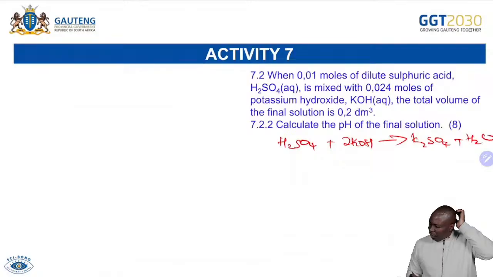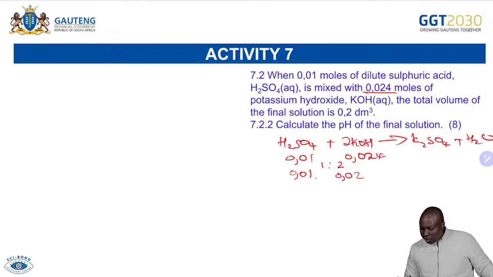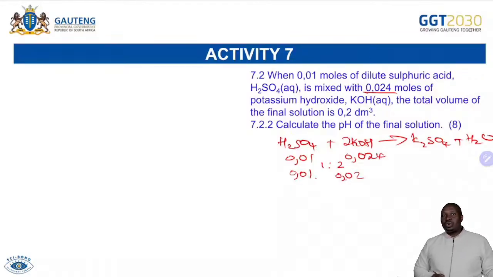Now, if we check, we had 0.01 of this, we had 0.024 of this one given. And we said because of the mole ratio, 1:2, 0.01 will react with 0.02, because when you multiply 0.01 by 2, you'll get 0.02.